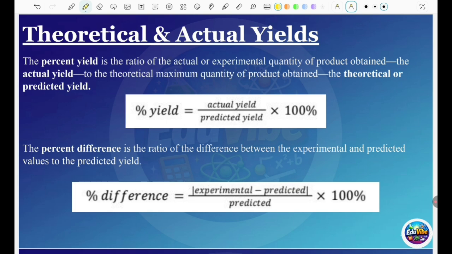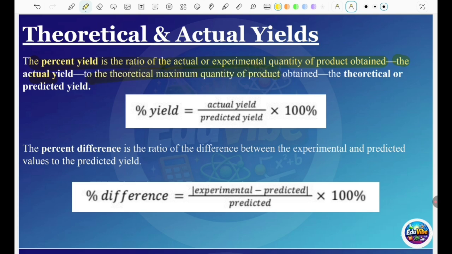The percent yield is the ratio of the actual or experimental quantity of the product you obtained. You have to know the definitions, because with the definition you get to know why percent yield is done.